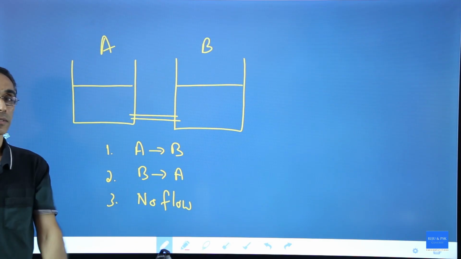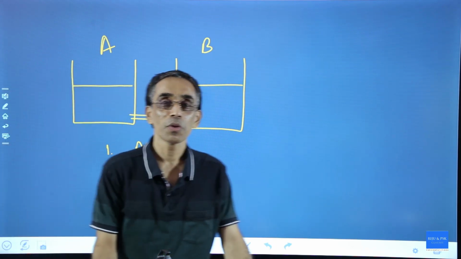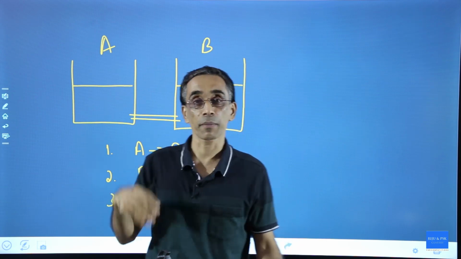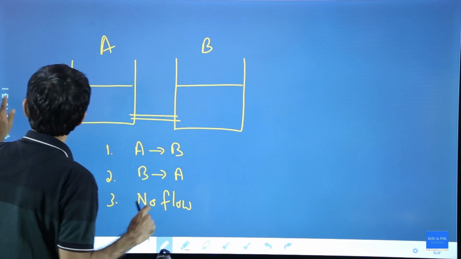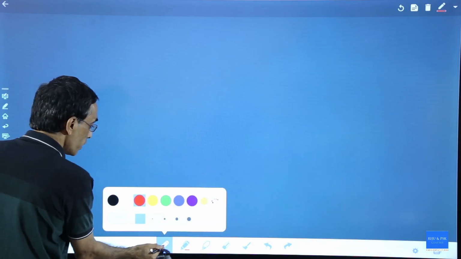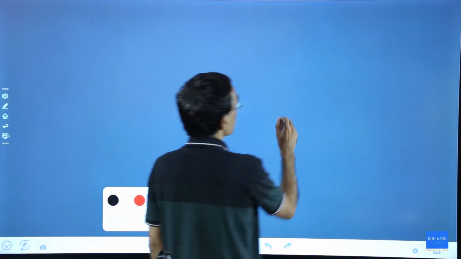There are 3 possibilities. Fine. Why do I say so? I was talking about current electricity, and I am talking about fluid dynamics. Why? There is a very close relation, and we are going to learn that relation, and that is the heart of the potentiometer. I will tell you what it is.